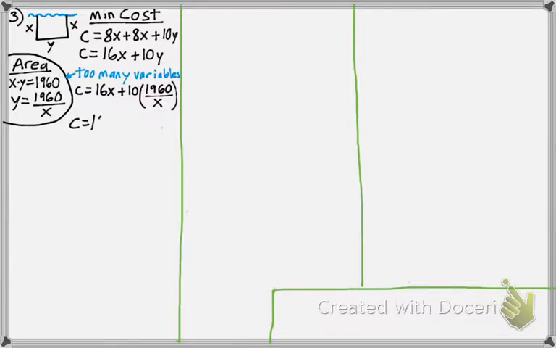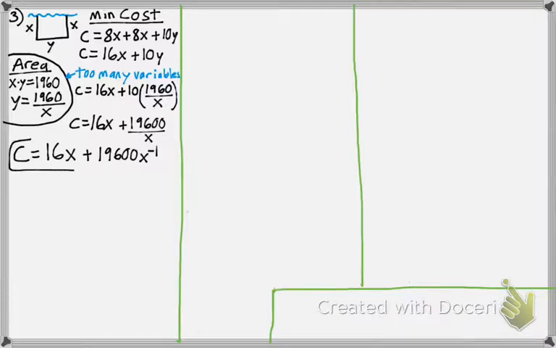C is equal to 16x plus 19,600 over x. And then I'm going to bring that x up, so C is equal to 16x plus 19,600 x to the negative 1.